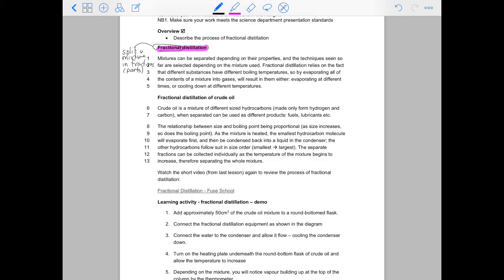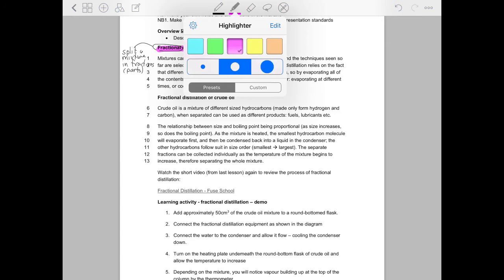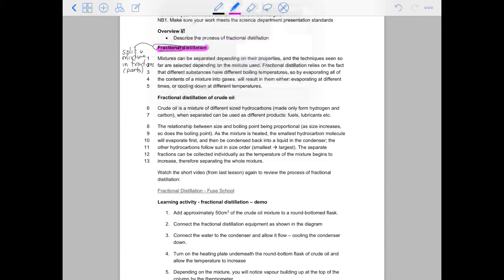As we were saying before, mixtures can be separated depending on their properties. We've already talked about the properties of solubility, of melting point, and things like that. But here, we're looking at another property, boiling point. Different substances have different boiling temperatures or boiling points.